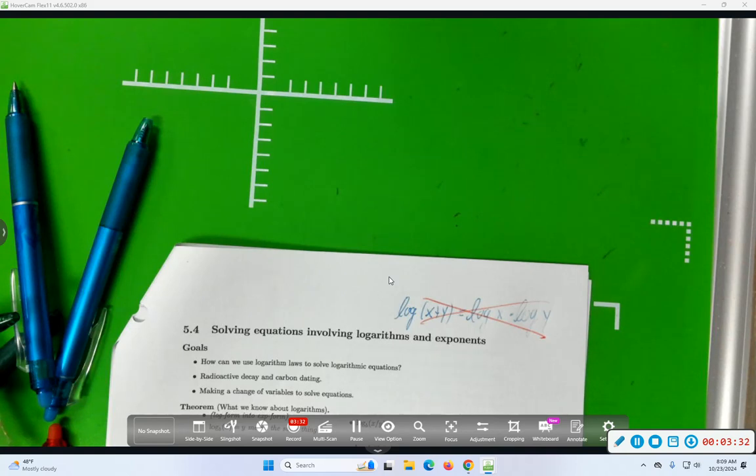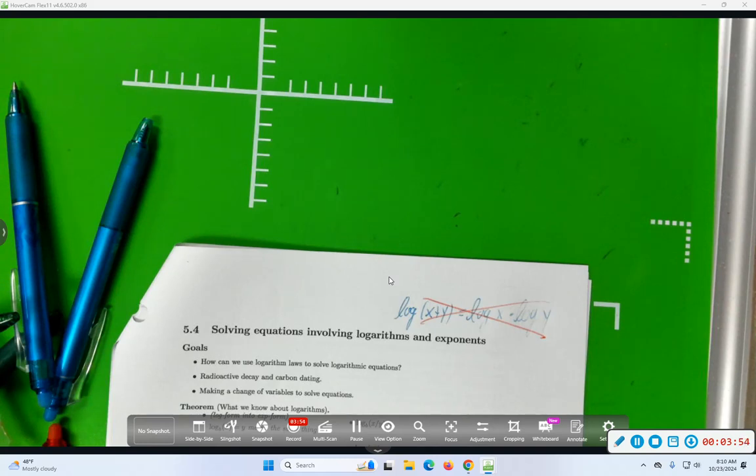And you can choose any base b that you want, and that's a true expression. The most obvious way to use that is if you have a calculator that works base 10, then translate everything to base 10. Now you can plug it into a calculator. But there are other times when there's just a different base that you'd rather use because of how things look. We'll see some examples of that today.